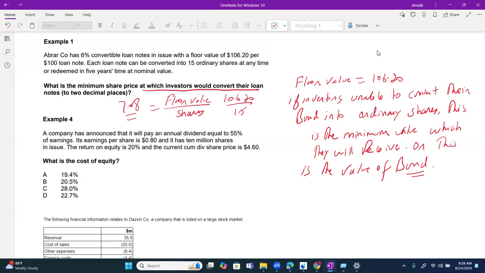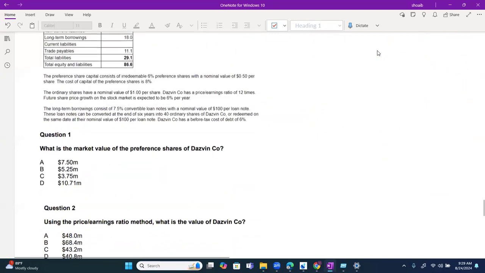If the market value per share at time of conversion is 7.5, the convertible bond value is equal to 106.20. Higher than this or lower than this? Please tell.